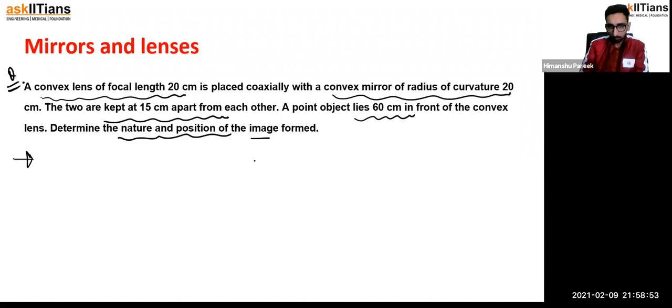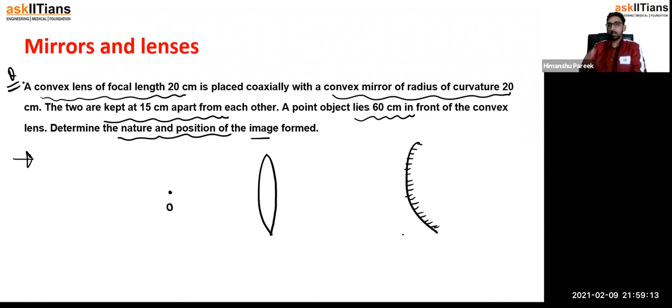So let us draw the figure just for clarity. Yeah, so that's the convex lens, and here we have the object. How did I know which I have to keep first? Because it was said in the question that the object is placed 60 centimeter in front of the convex lens.